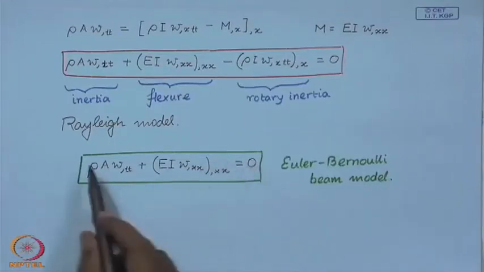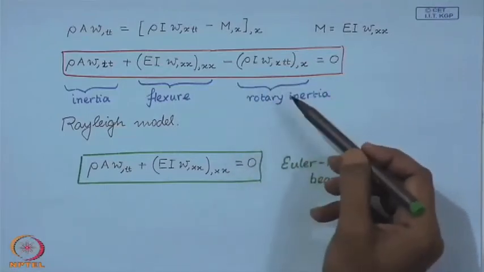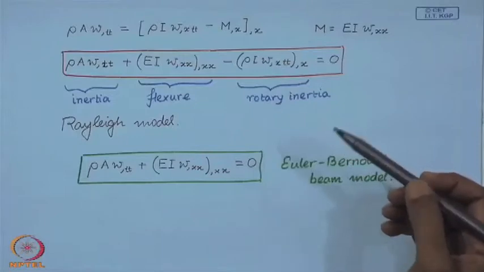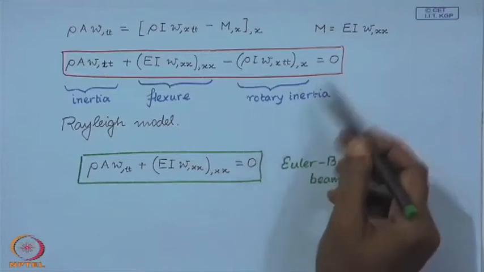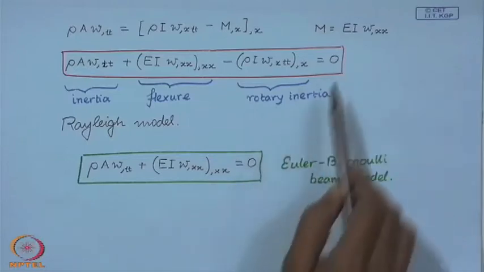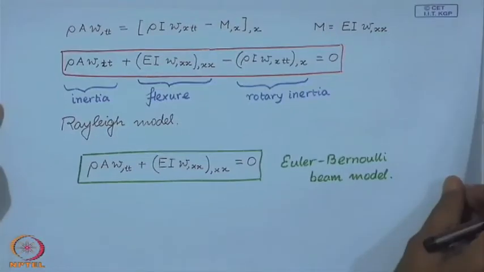So, the Euler-Bernoulli beam model does not have this rotary inertia which is present in the Rayleigh beam model. Now, when you have forcing, then instead of this 0 on the right hand side, you have the force distribution. So, these are two very simple models for beams.